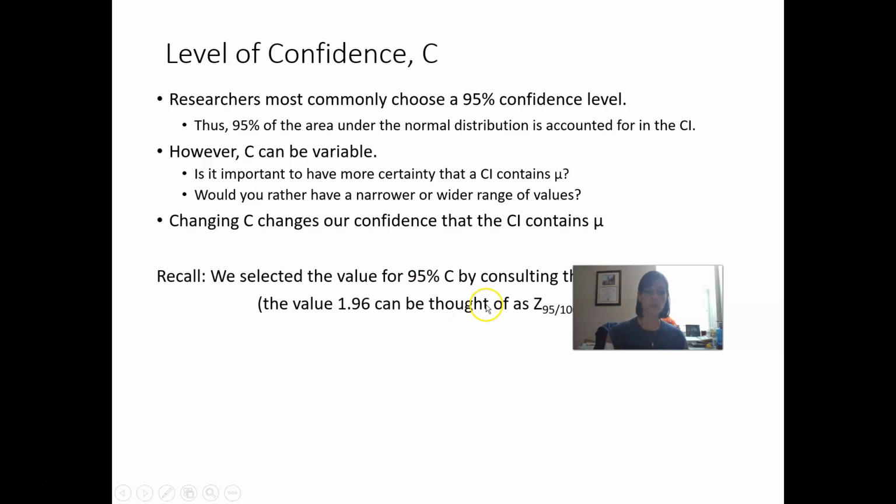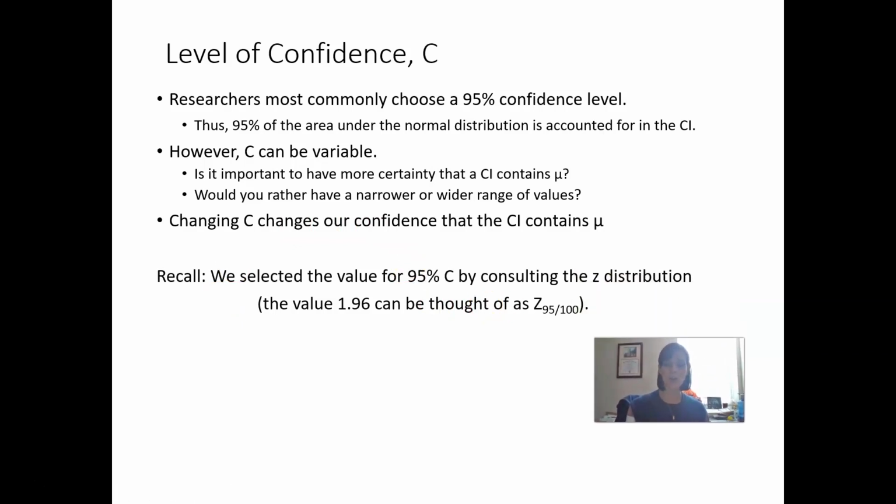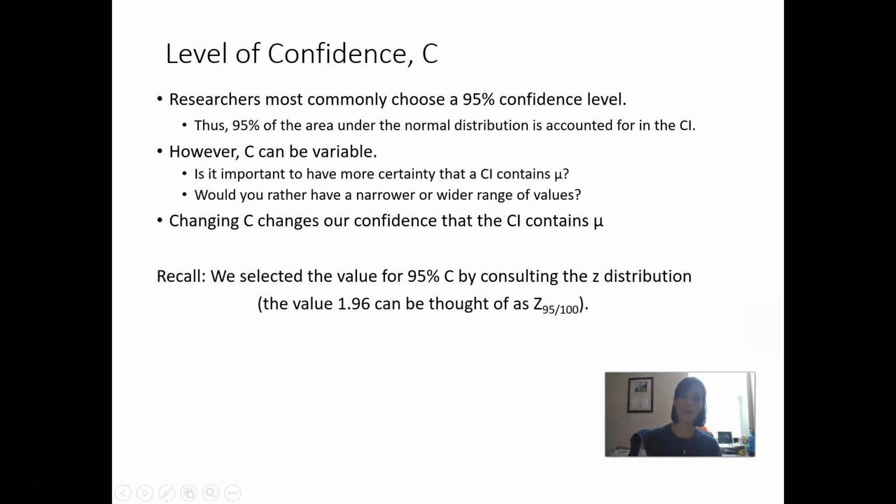contains mu. So one of the things that you'll note, we selected the value for 95% level of confidence by consulting our Z distribution. So you can kind of think of 1.96, the Z-score, as Z95, the Z-score for 95 over 100.